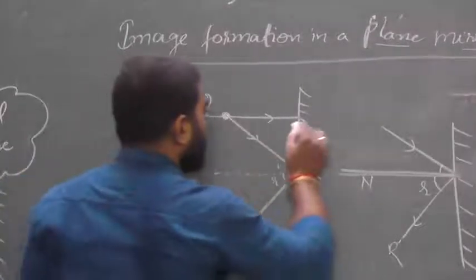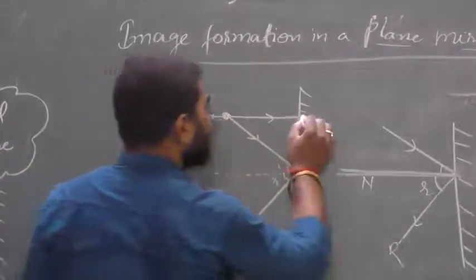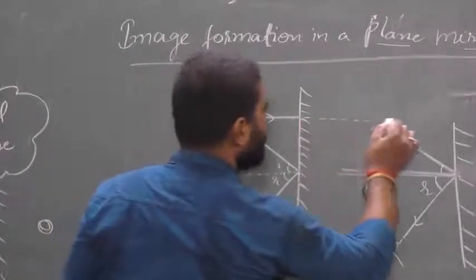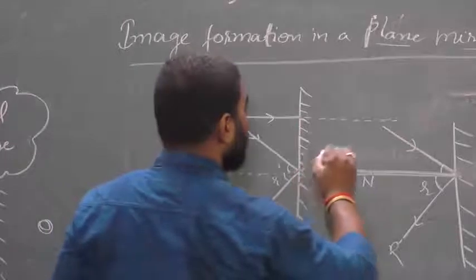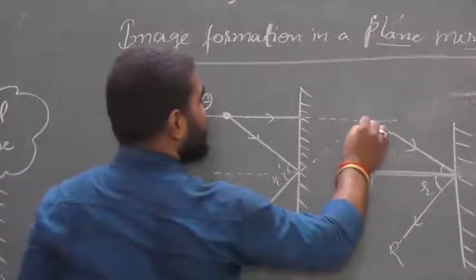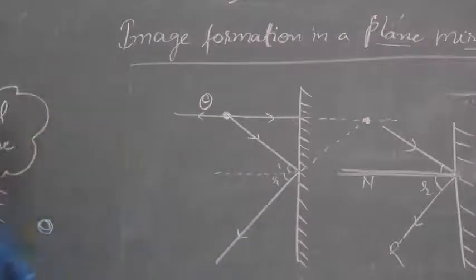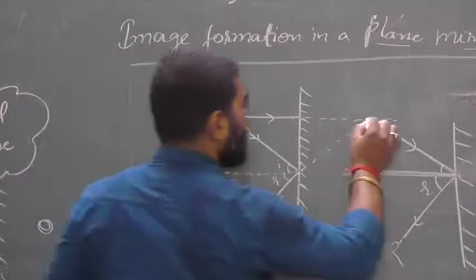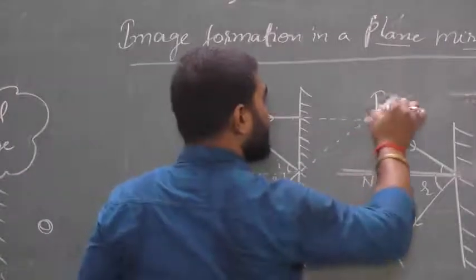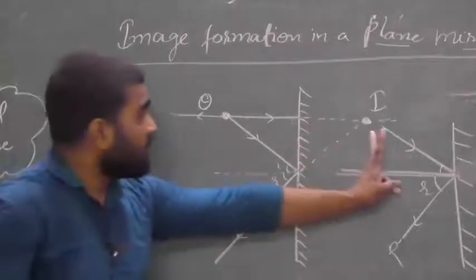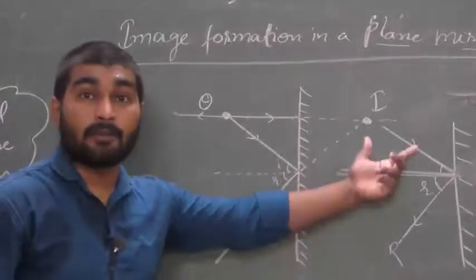We extend these reflected rays in the backward direction along imaginary lines, called virtual lines, and then we can see they cut each other. Virtually they cut each other, and where both reflected rays cut, their image is formed. So the image is forming here. What is the nature of the image?